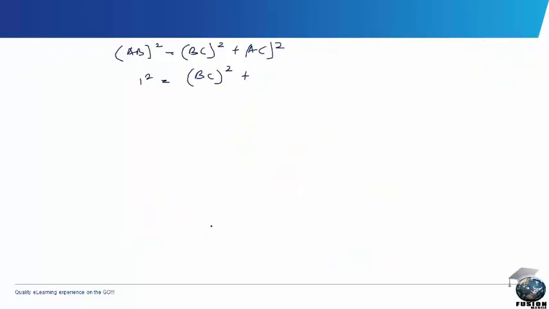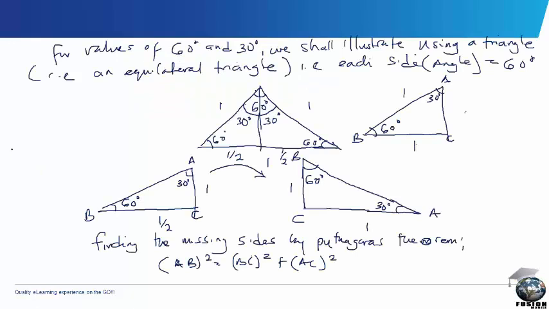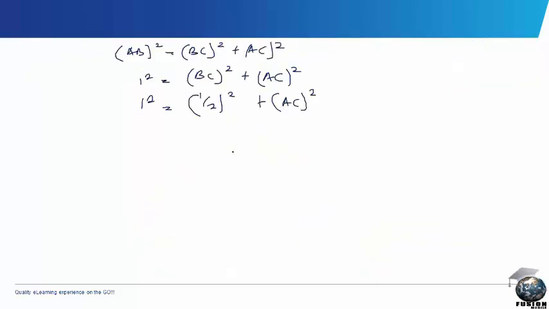Sorry about that. So I have 1 squared equal to BC squared, 1/2 squared, plus AC squared. When you have 1 on a side and then 1 being divided into 2, it becomes 1/2.